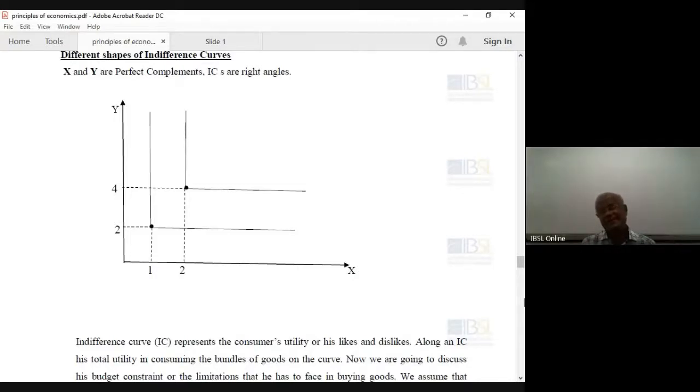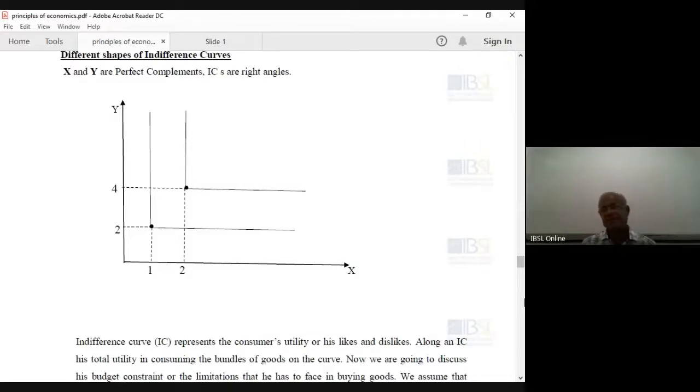Then what is the condition? At the utility maximizing combination, the consumer divides his income so that he gets the same marginal utility per rupee from both goods. That is the marginal approach to the theory of consumer behavior.